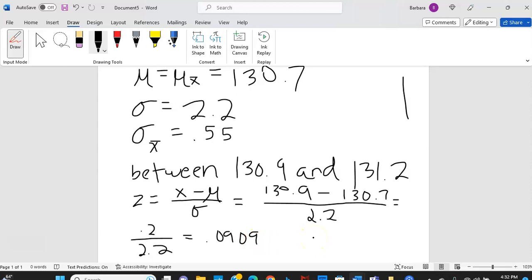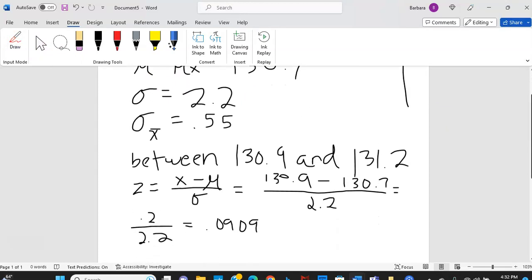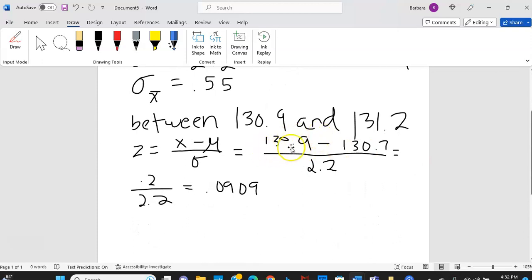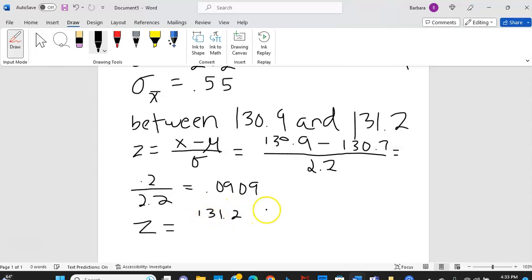Okay, now I'm going to go ahead and do the same calculation, but for the 131.2. The only thing that's going to change is that we're going to put 131.2 right here where I had the 130.9. All right, so we'll do that z-score calculation. This time z will be 131.2 minus 130.7 over the 2.2.